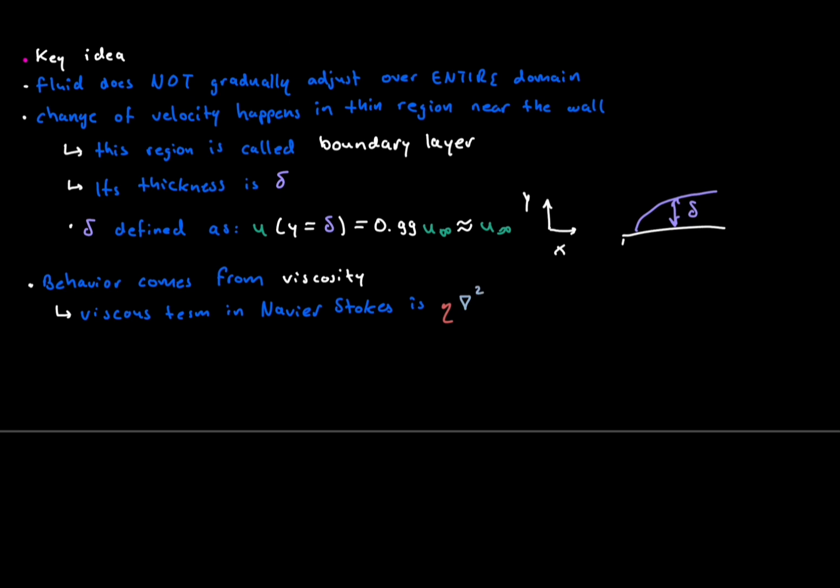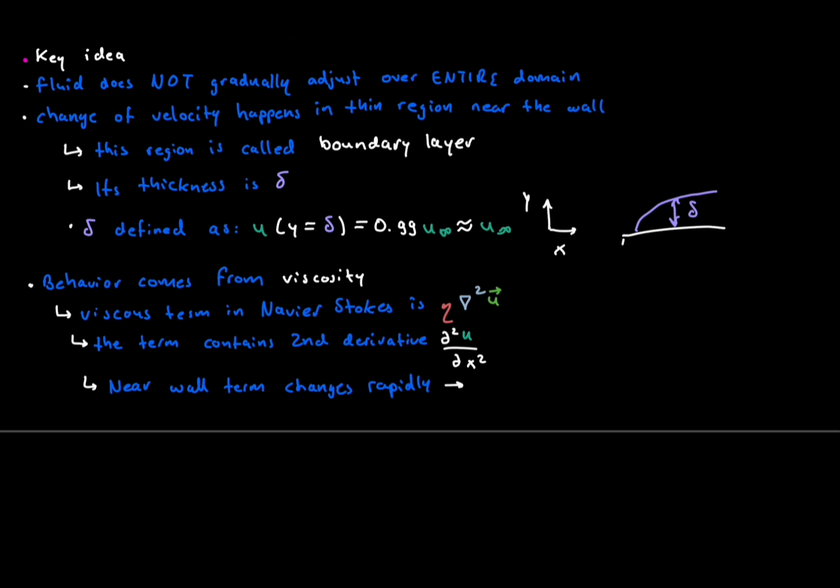In the Navier-Stokes equations, viscosity appears as second derivatives of velocity. Near the wall, the velocity changes rapidly in the vertical direction, so these derivatives become large. This means viscous effects are important only in a thin region near the wall.